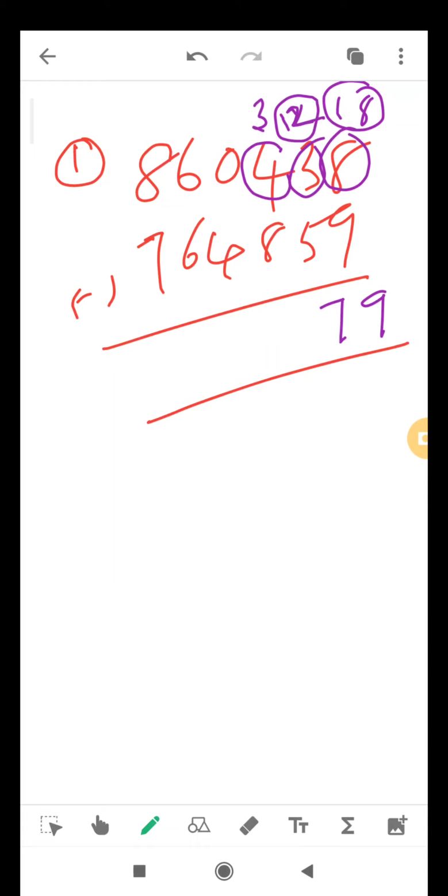From 0 we have to carry forward 1, that is also not possible. Therefore we have to take 1 from 6. Therefore when I take 1 from 6, this 0 will become how much? 10.